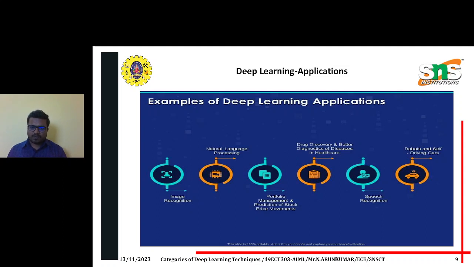Next is finance, where stock information is identified, and then drug discovery and diagnostics of various diseases by using deep learning, because medical imaging such as CT scanners and MRI scanners is very useful for identifying accurate images of the concerned patients.